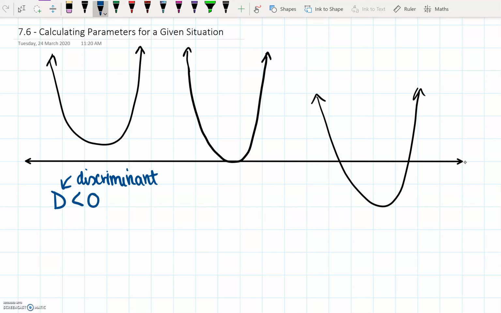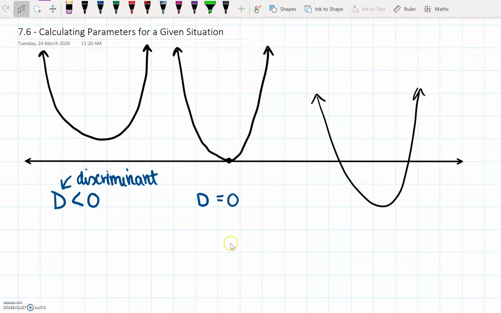We know in the case of one which is touching the x-axis that d, the discriminant, is equal to 0. And we know that in the case of a parabola that crosses the x-axis, that d is greater than 0.